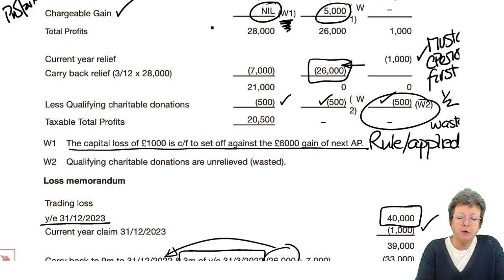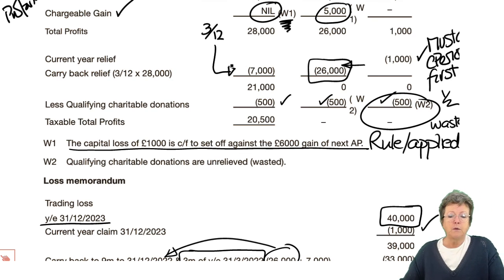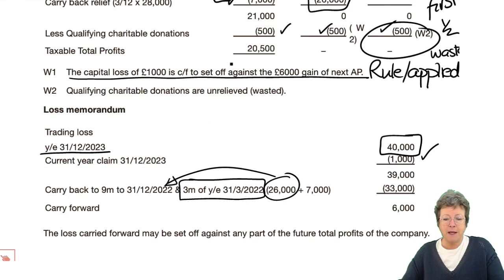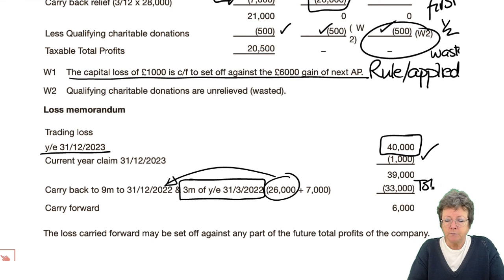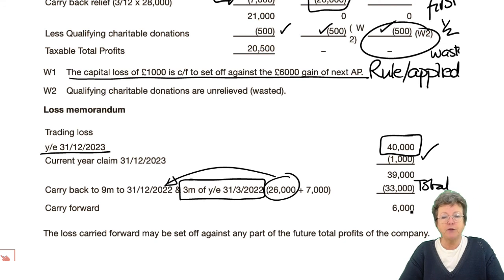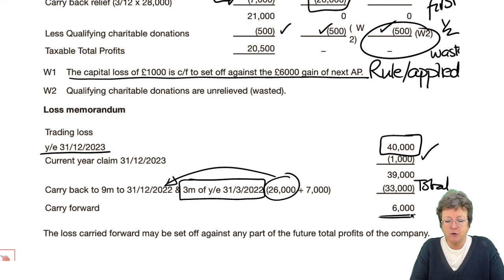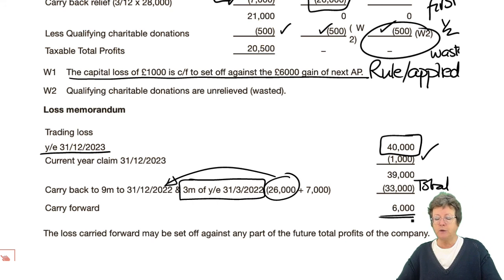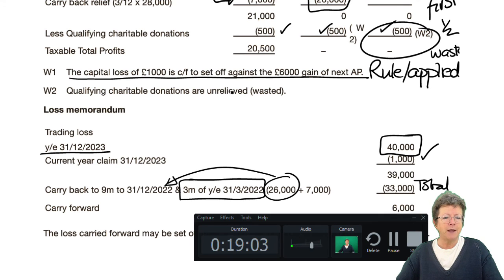So 3 months, 3/12 of that we have carried back there. Okay, you're allowed to carry back 12 months. So in total, we've used up 33,000 and we have 6,000 which can then be carried forward to be set off against future trade profits from future total profits from that company.